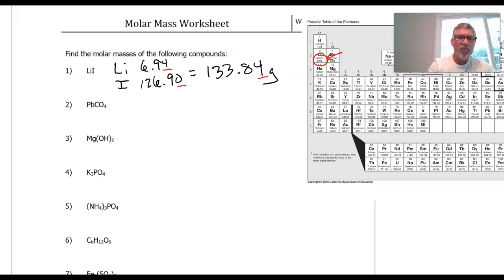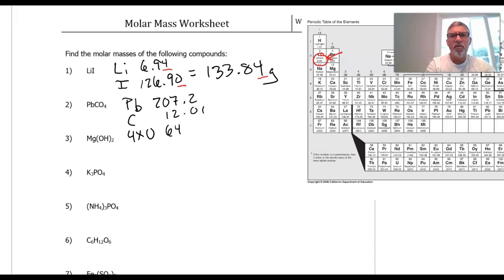So PbCO4 will do the same thing. So we have Pb, we have C, and we have 4 times O. Lead was 207.2. Carbon is 12.01. And 4 times oxygen is 64.00.